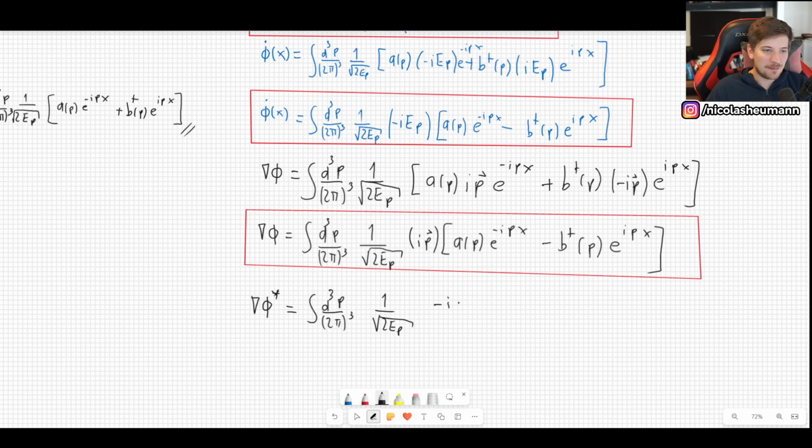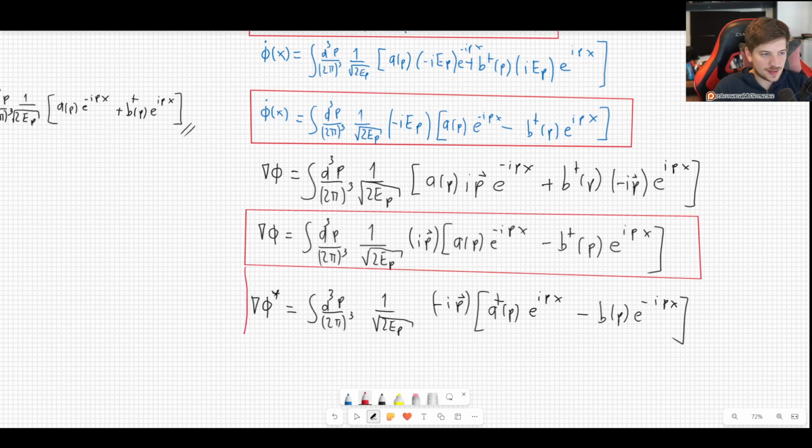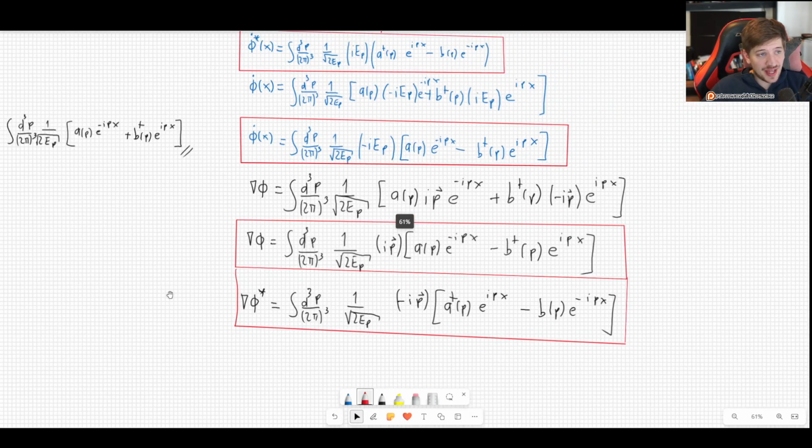So that's minus ip, and then we get a_p dagger e to the ip·x positive, minus b, not dagger anymore, just b, and e to the minus ip·x. All right, so again, let's just enshrine this in a beautiful red box. There we go. So now we have everything we need.